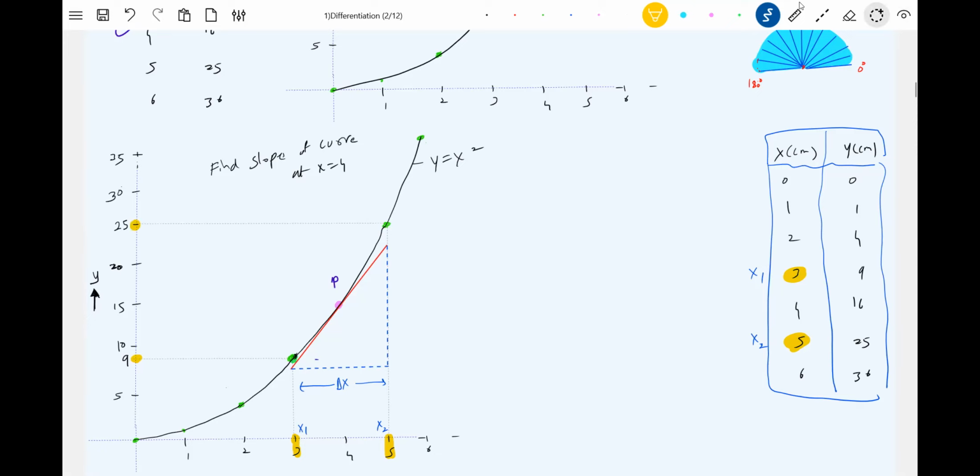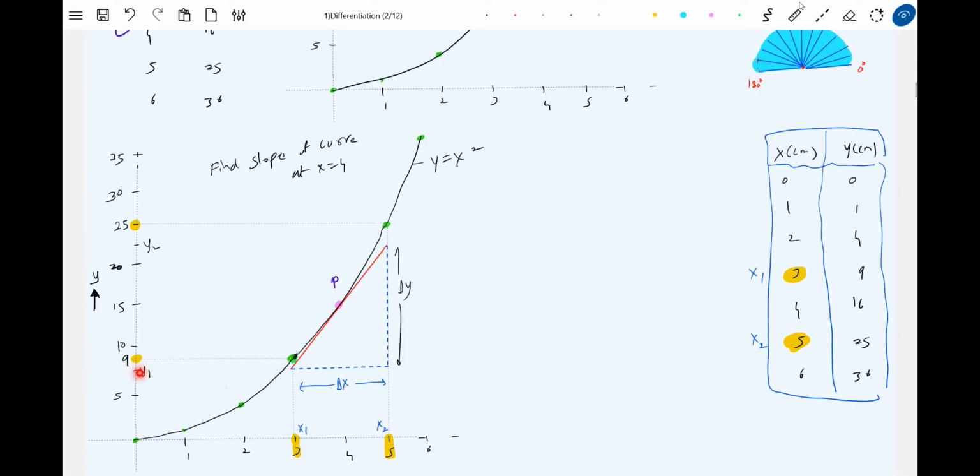But actually you are calculating delta y. So what is the problem? You will get some value which we don't know. What do I mean by don't know? When you measure this with a scale, it will definitely not be 9.